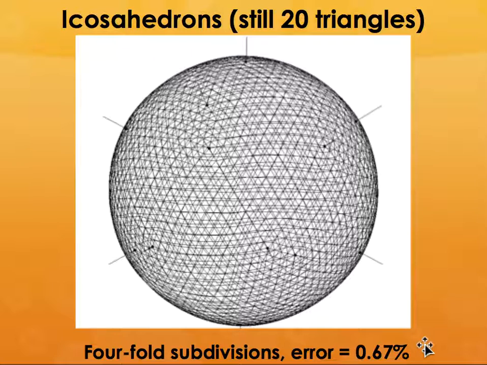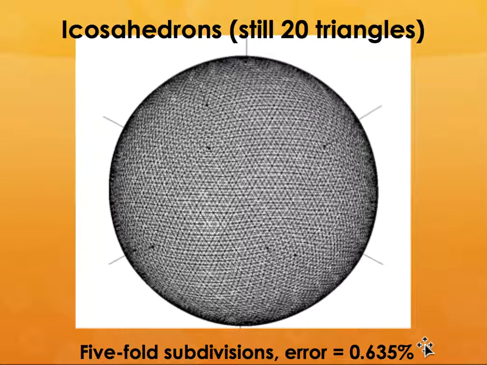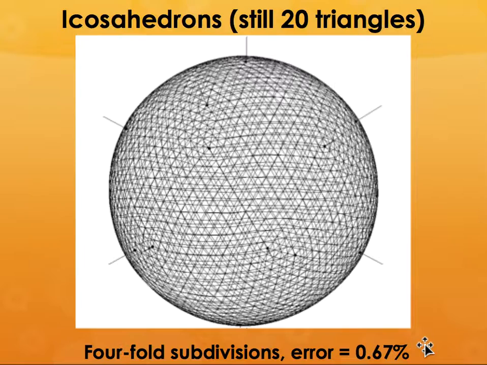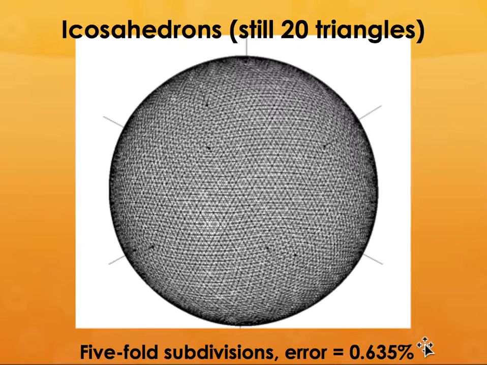Now, there is a limit to the maximum reduction in error. See the previous one, 0.67, and this is 0.635. So just imagine the time it takes to build this part, and still you're only able to reduce it down to 0.635% error.